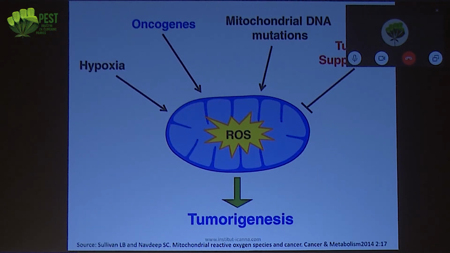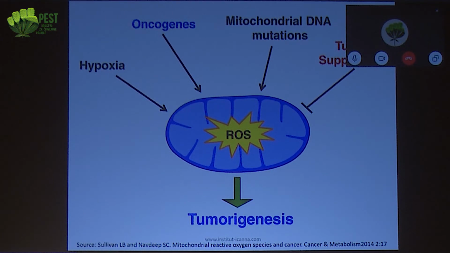As I mentioned, there's a lot of activities happening inside of the mitochondria, and these ROS, which stands for reactive oxygen species, there's a lot of them created in the mitochondria, and if there is too much reactive oxygen species, this can cause changes, they can even cause mutations, or it can change the activity of mitochondria.